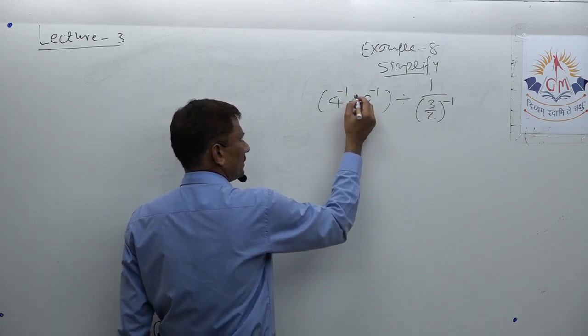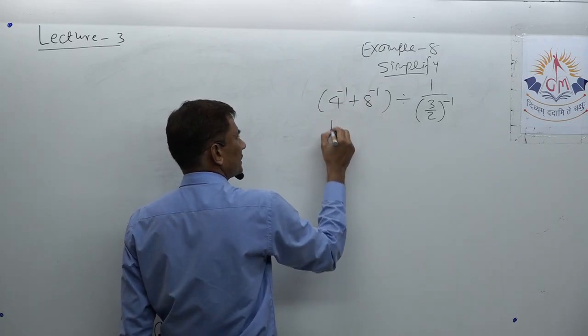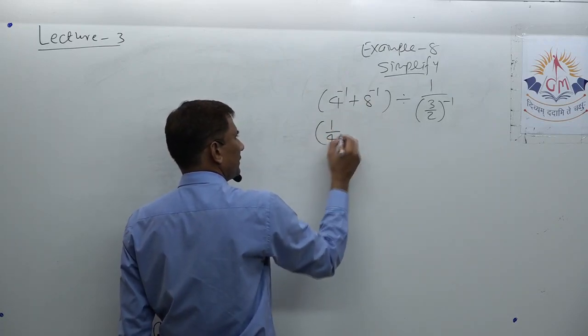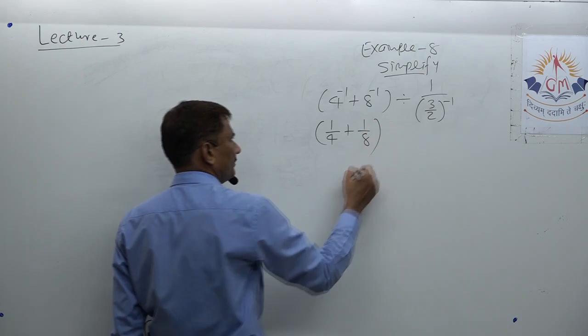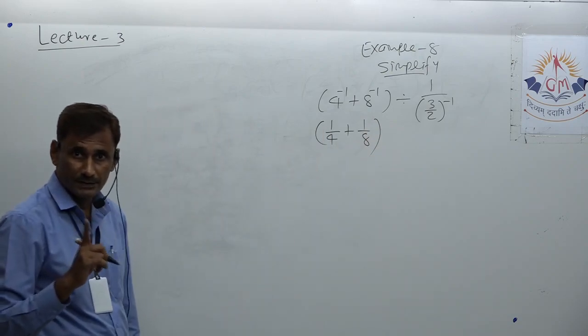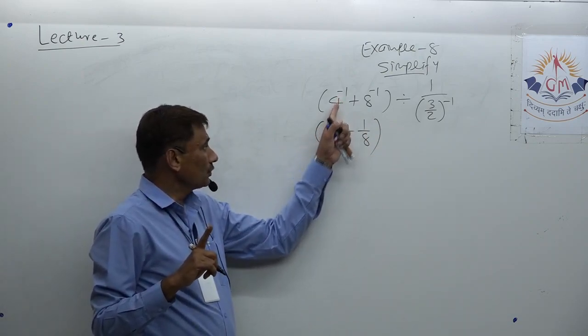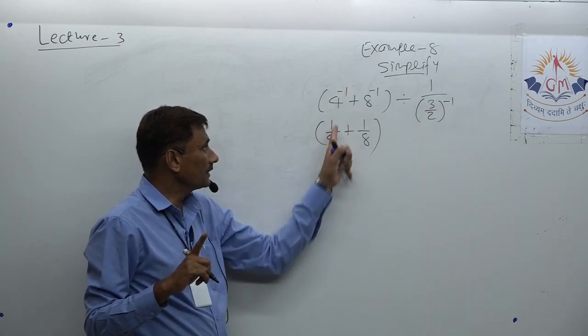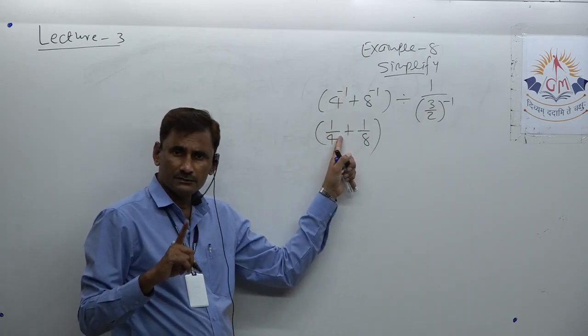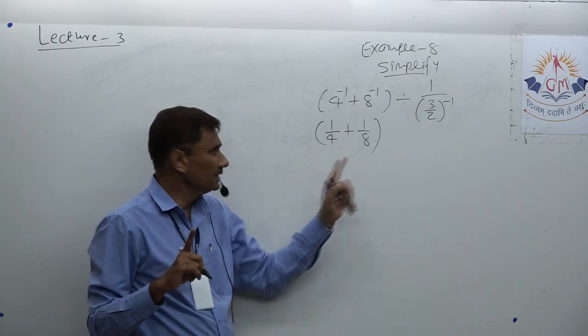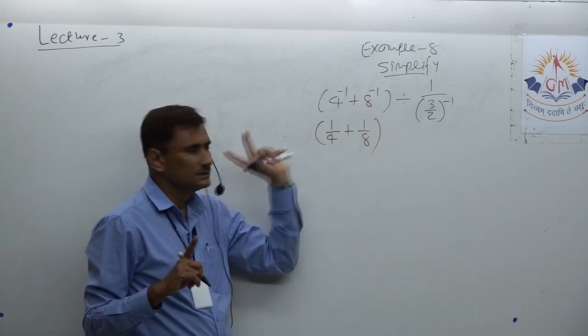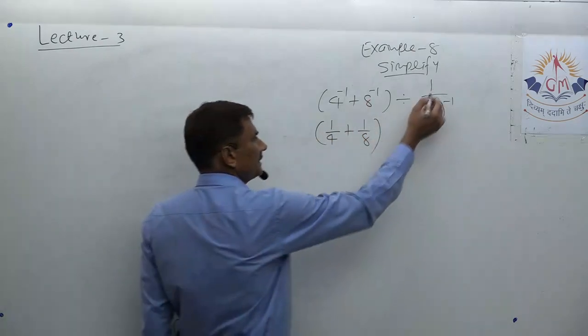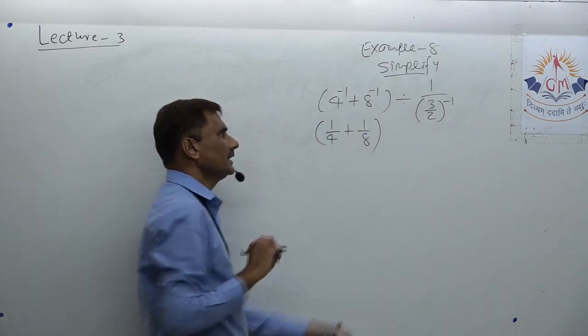So now nothing can be done. So just make the power negative to positive. I have written 1 by 4 and 1 by 8. Why? Just understand. 4 goes in the denominator, so raised to 1. No need to write raised to 1. Again 1 by 8. Now you can say 1 upon something is there.